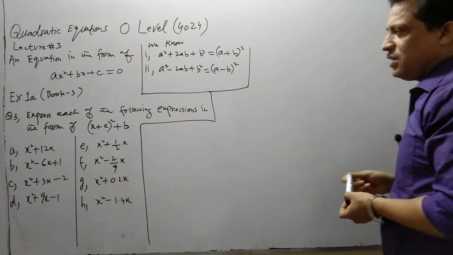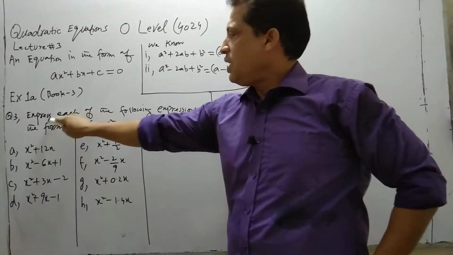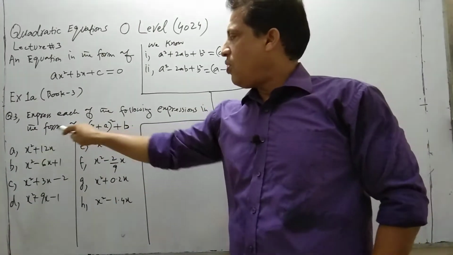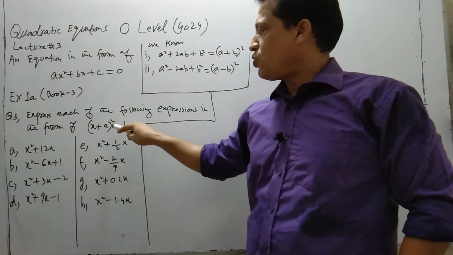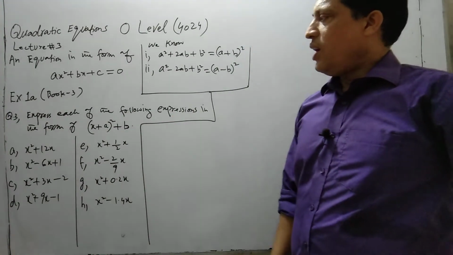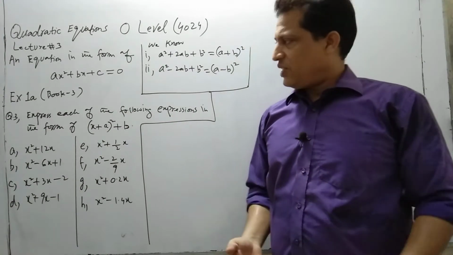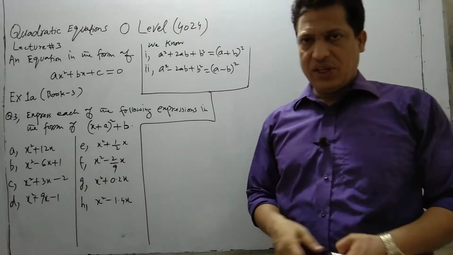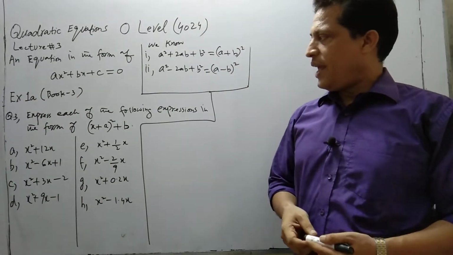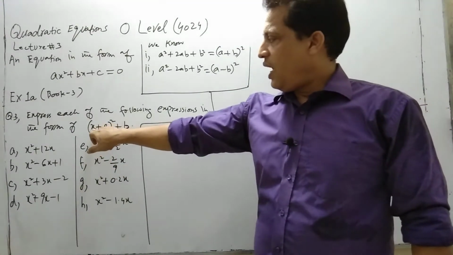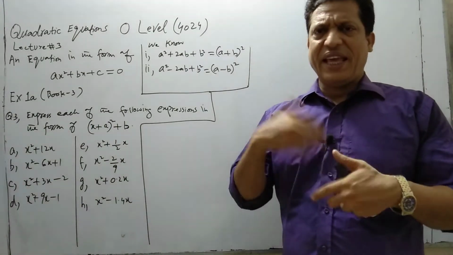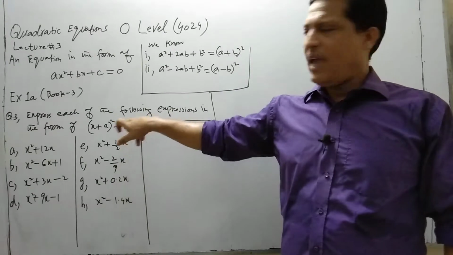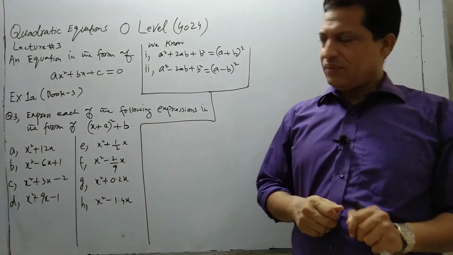Question number 3 is: express each of the following expressions in the form of (x plus a) whole square plus b. There are many expressions given in question number 3 from part A to part H, and we have to convert all expressions into this form: (x plus something like a, b, c or whatever) whole square plus b, where a and b are constants.